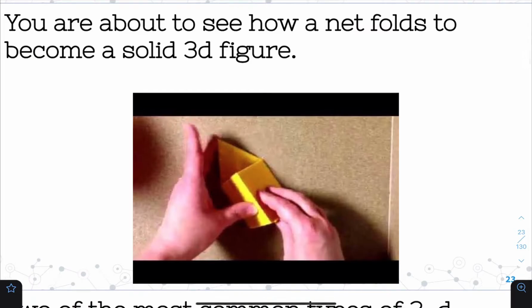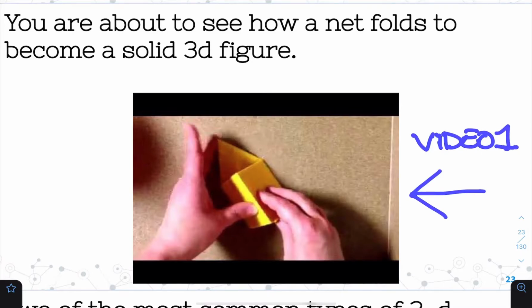Okay, moving forward, we do have a quick video that's linked down below in the description. It says video 1. In this video, you are going to see how a net folds to become a 3D figure. So this video is about 6 to 7 minutes long. You'll see different shapes that we've talked about yesterday.